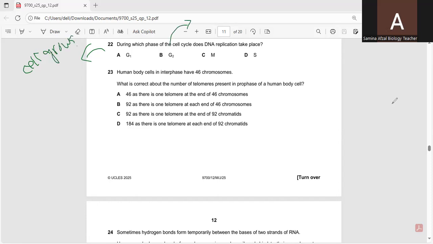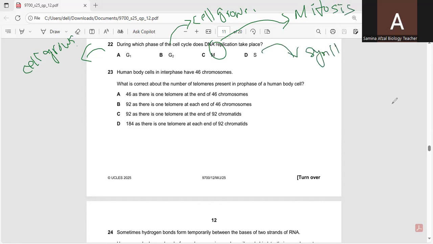G2, again, cell growth, and M stands for mitosis and S means synthesis, or replication of DNA. So D is the correct option.